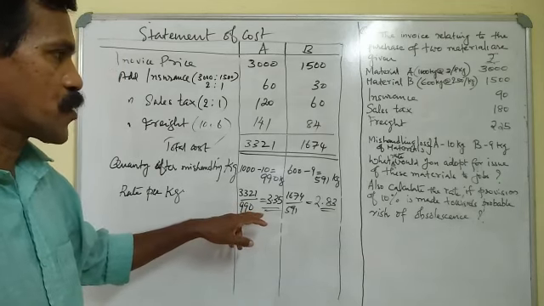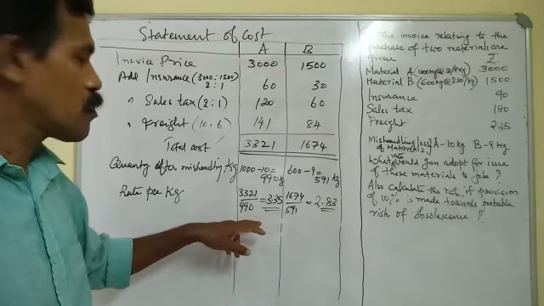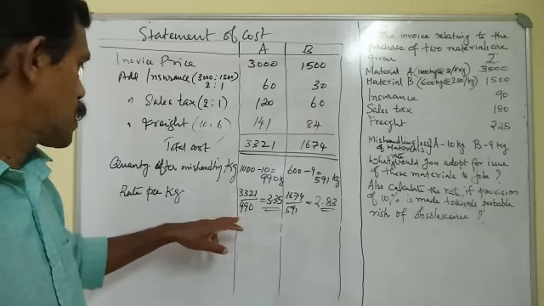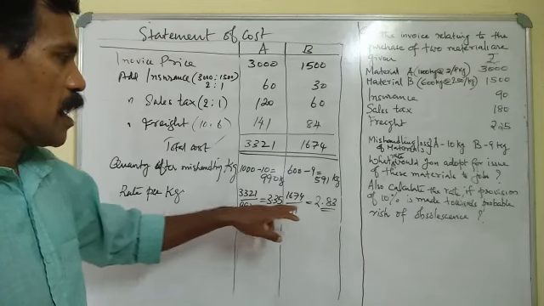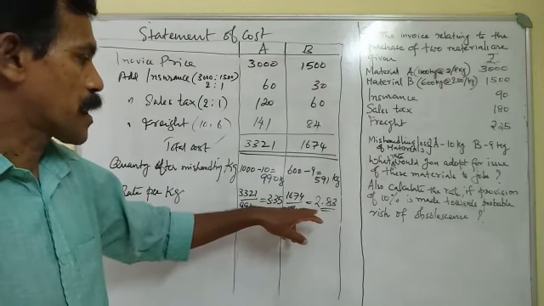This is the rate at which we issue material if we have mishandling loss. In case of A, rate per kilogram is 3.35, and in case of B, rate per kilogram is 2.83.